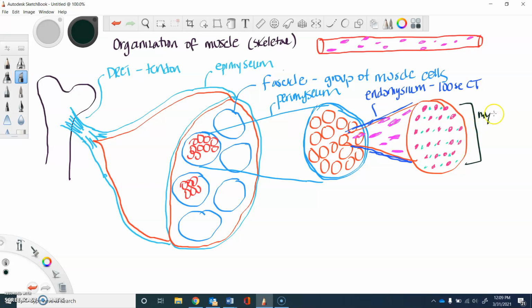Myofibrils are the contracting units of a muscle cell. Each one of them consists of what we call myofilaments.